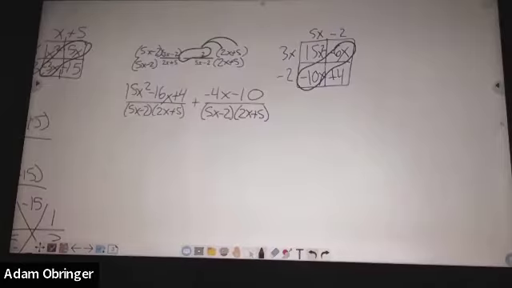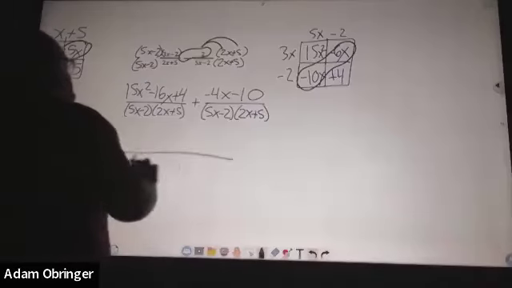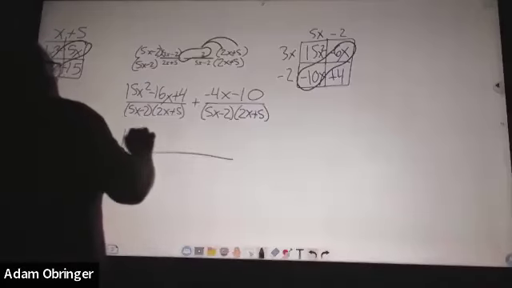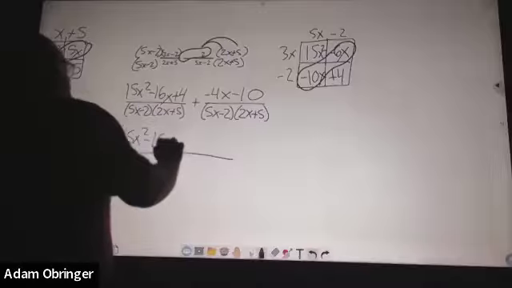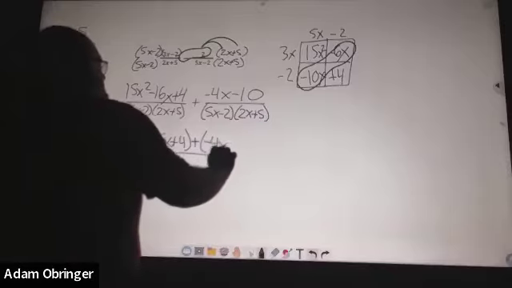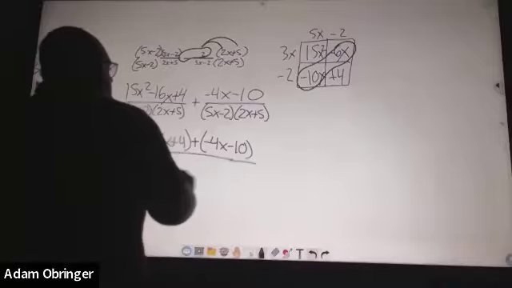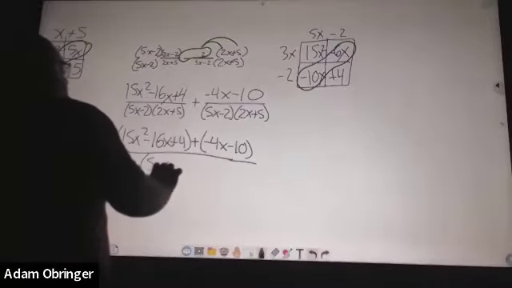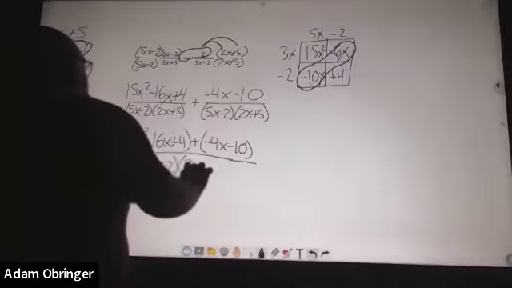All right, now that the denominators match, we're going to make it one big fraction with addition. 15x squared minus 16x plus 4, plus negative 4x minus 10, all over 5x minus 2 and 2x plus 5.